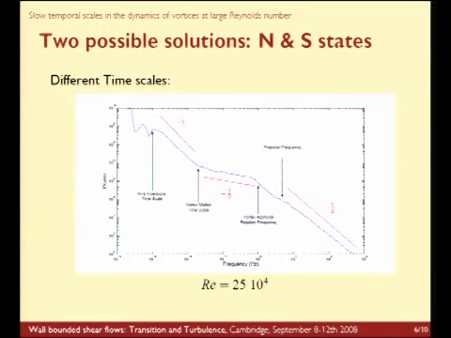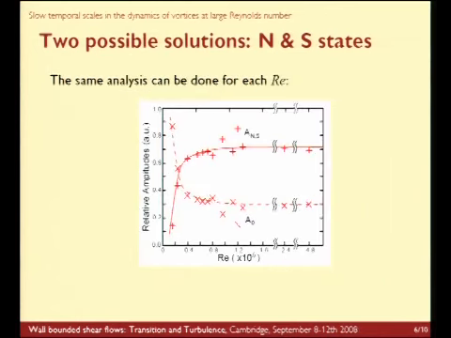And this is the velocity of the vortex rotating in the cylinder. This is the Kolmogorov slope. This slope could be explained by the inversions between the north and south states, but we don't know. There is no explanation for why this slope appears in the system.